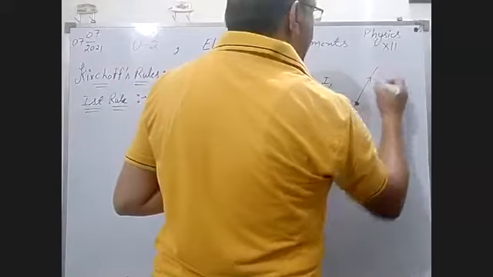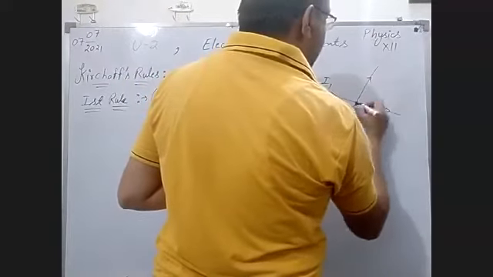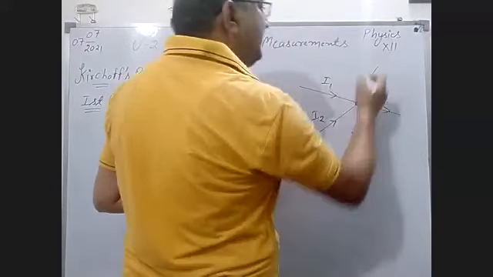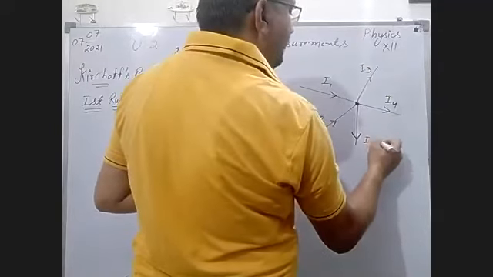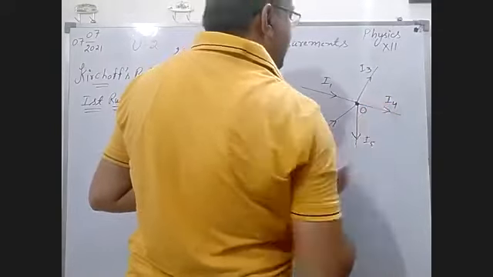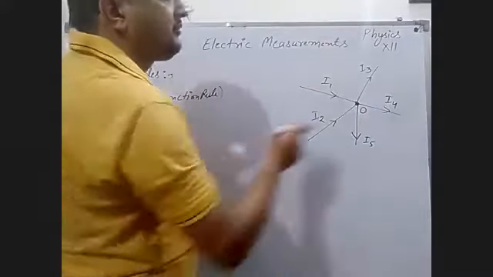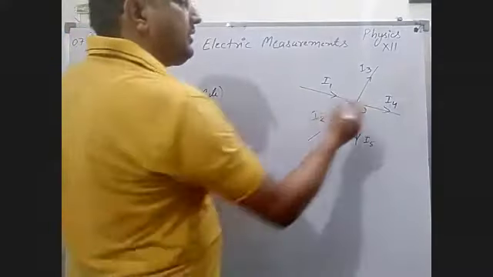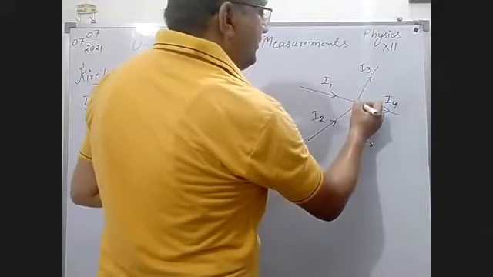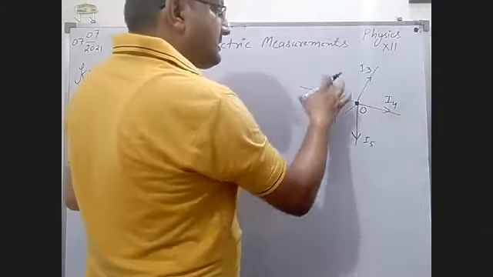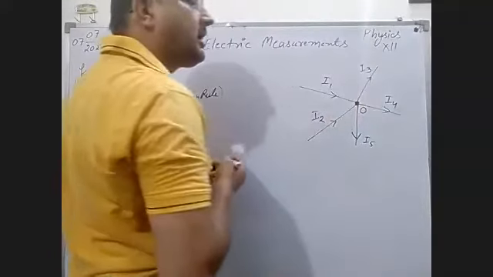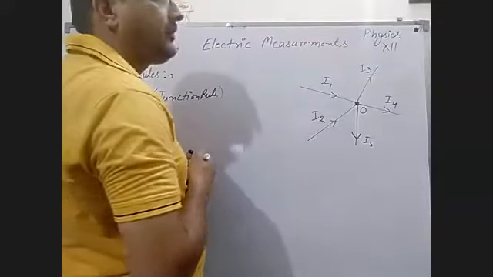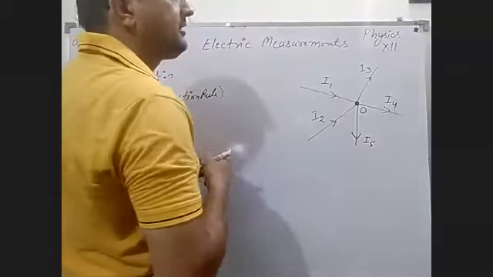Now, suppose these three currents I3, I4, I5 are moving away from the point O. At this point O, few currents are moved towards it and few currents are away from that.